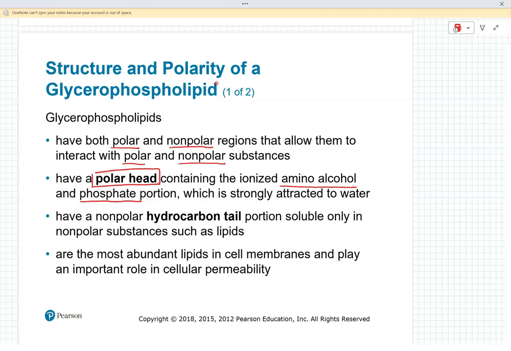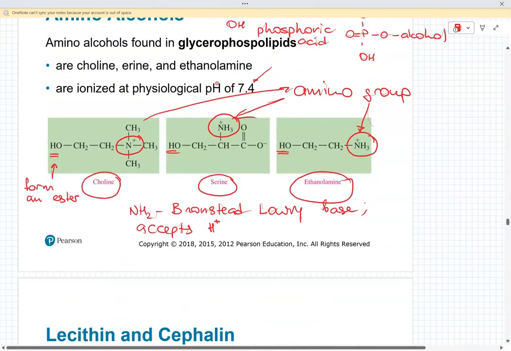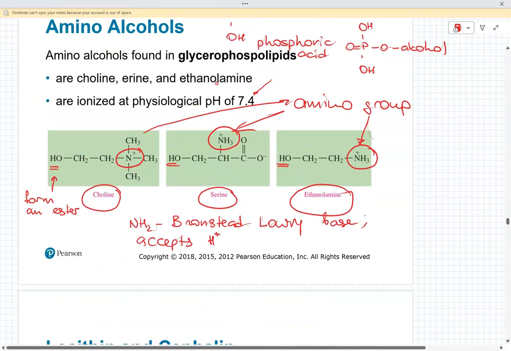Okay? If you think about the structure of the amino alcohols, they're really a small molecule. Can you see that? They're not huge. They're like what? 5 carbons in choline, 3 carbons in serine, and 2 carbons in ethanolamine.